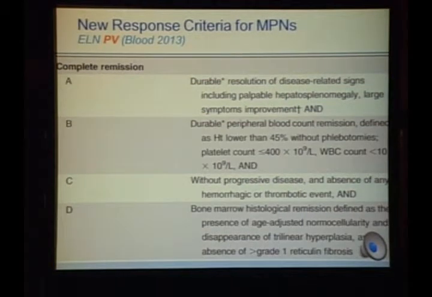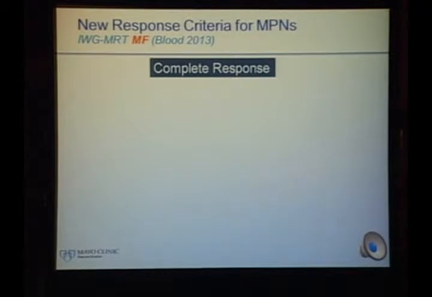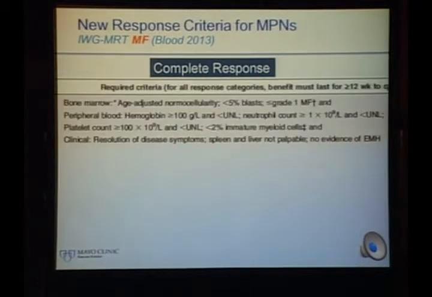In PV, similarly, very similar criteria, with the addition of having a controlled hematocrit, not needing phlebotomies. And again, the difficult parts are not controlling the counts, but controlling signs, symptoms, and improving the marrow. Now, in myelofibrosis, the clinical picture is a little different.